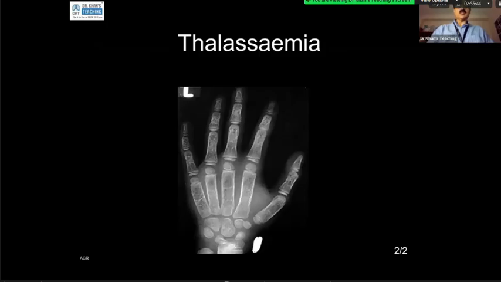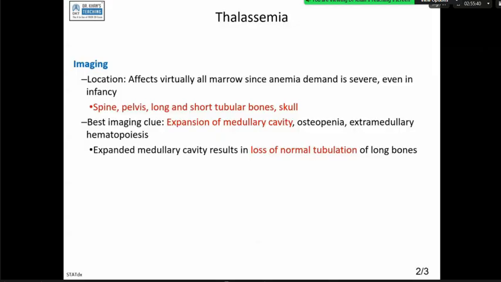This is a case of thalassemia, and in thalassemia, what happens is that the physiology goes into overdrive and starts producing red blood cells everywhere. And these are children.